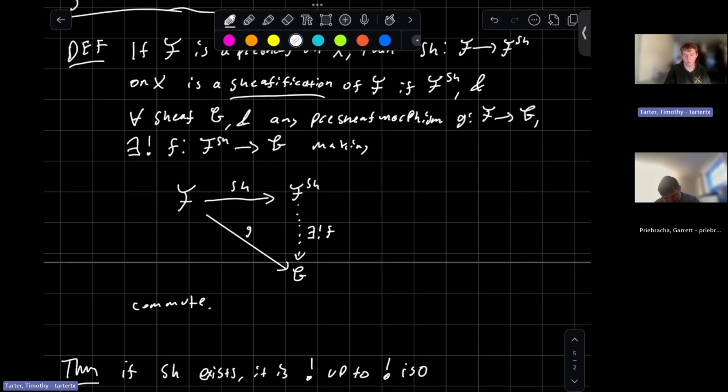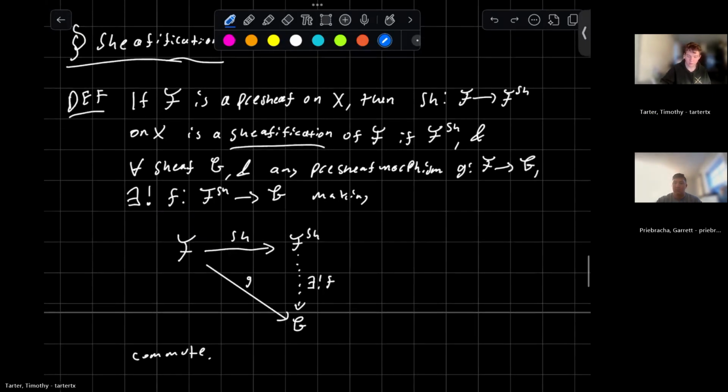So we have pre-sheaf morphisms here; this is a sheaf morphism.